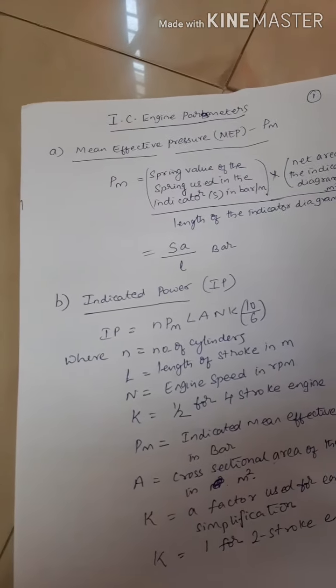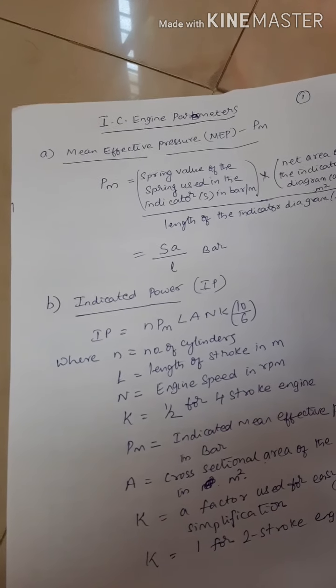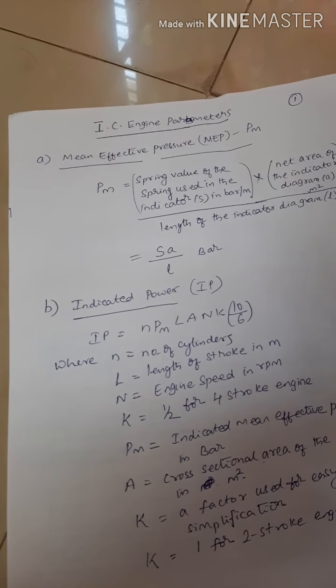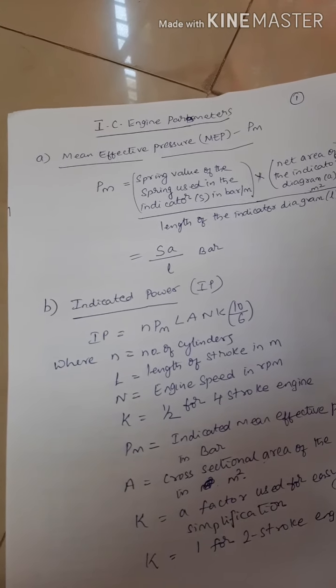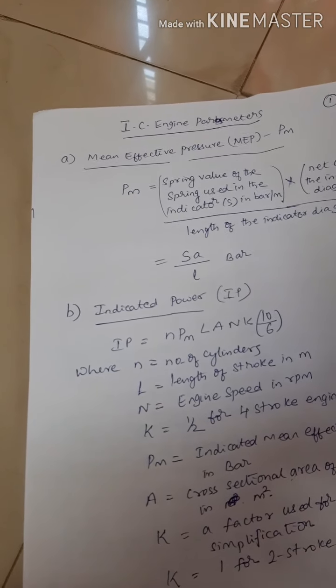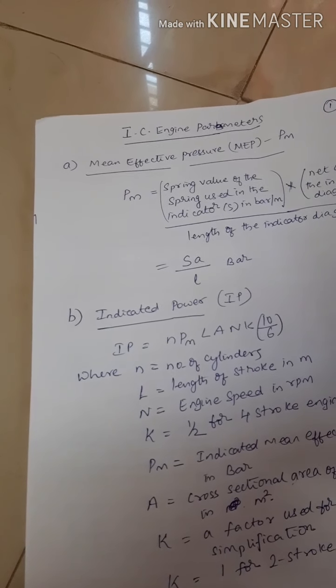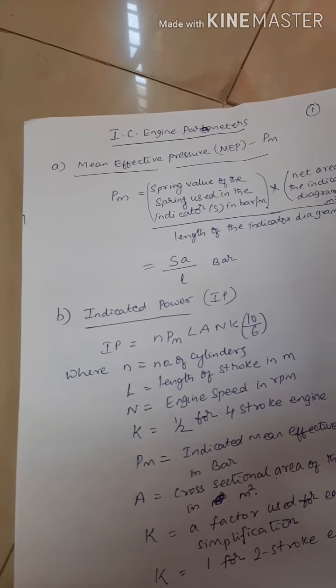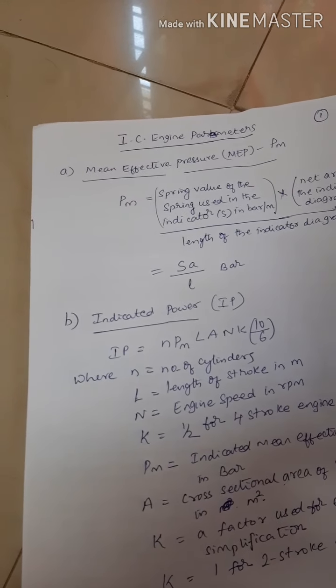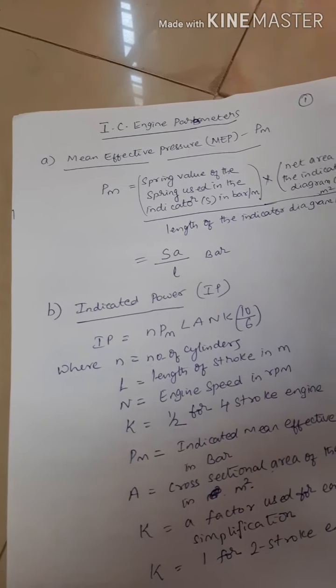The indicator diagram is a PV diagram, pressure and volume diagram, for one cycle at that load, drawn with the help of an indicator fitted on the engine. The indicated mean effective pressure is then calculated using the equation.